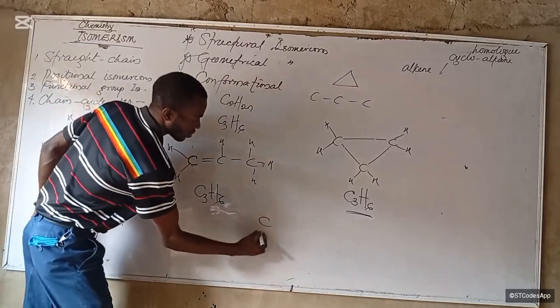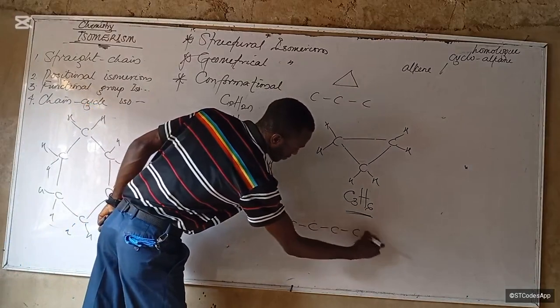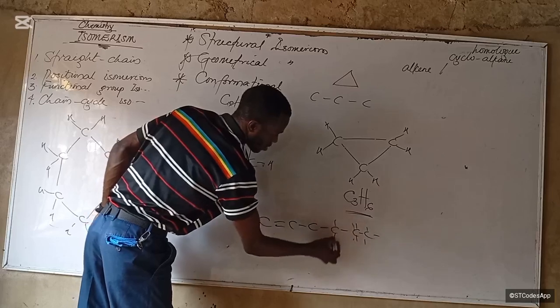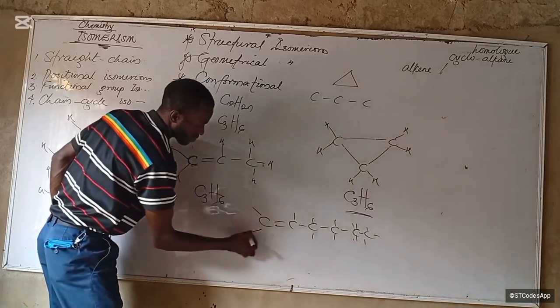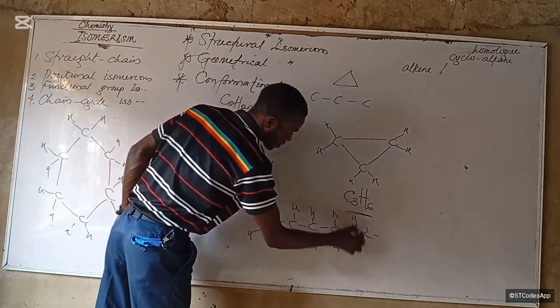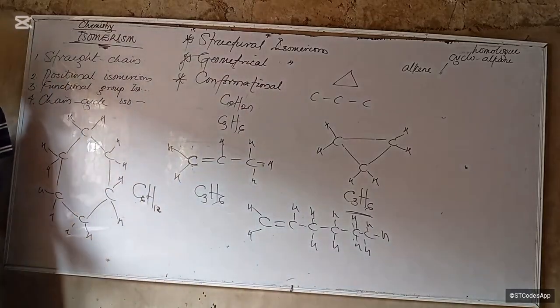Hexene is C double bond, 1, 2, 3, 4, 5, 6. So here I'm going to have 12 hydrogens. Do you see that? Does it work?